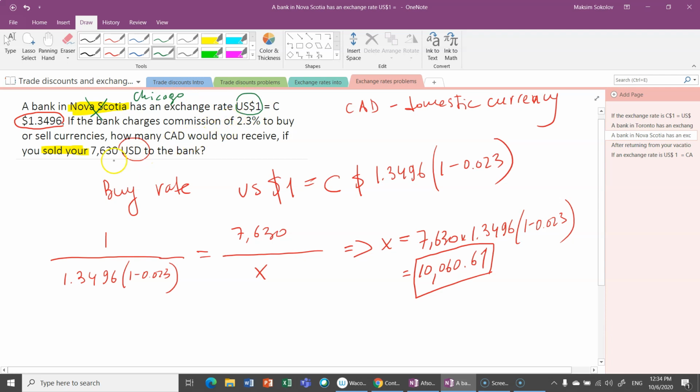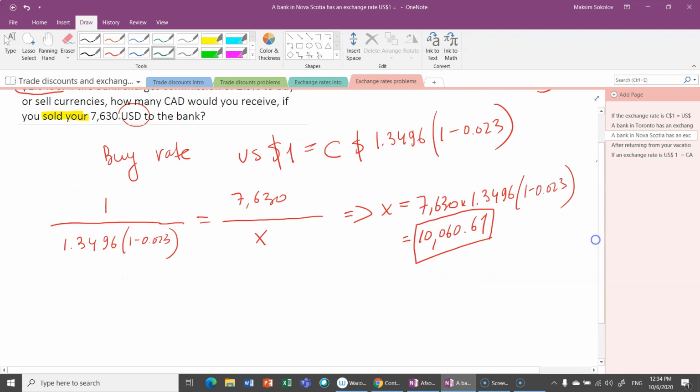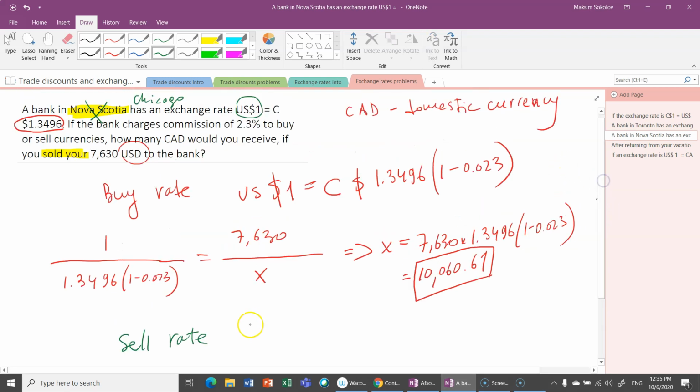So if you sell your $7,630 to the bank in Chicago, what this means is that the bank will be selling Canadian currency to you, and you would be dealing with the sell rate. And the sell rate in this case would be 1 US dollar, and you add commission.